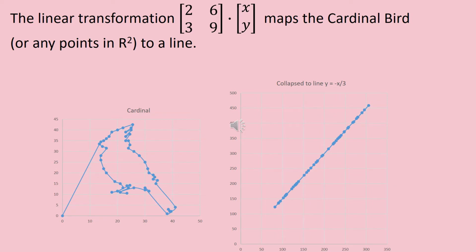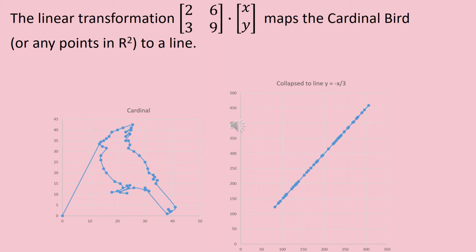Another example showing that your range might not be the full codomain. If we took the 2 by 2 linear transformation with first column 2, 3 and second column 6, 9, and we applied it to any point in R2, so if we applied it to any of these points on the cardinal bird, they get collapsed to a line.